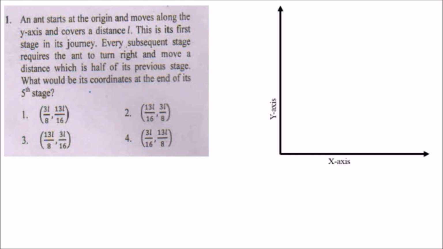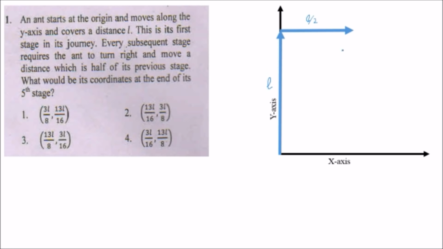So, if these two are the coordinates x and y, in the first journey the ant has traveled L distance along the y-axis, and then it has turned right, and here it will travel half of the distance it has traveled previously, which is L by 2.